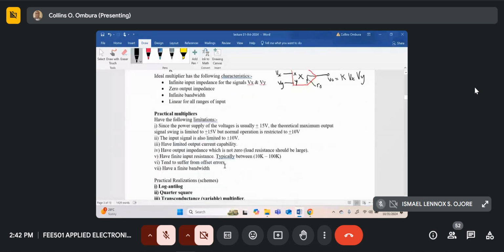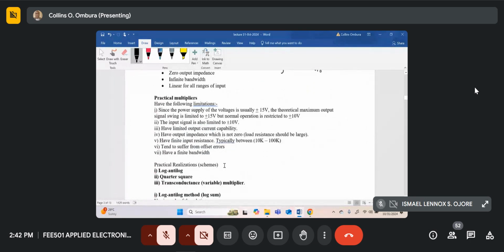Now, practical multipliers have the following limitations. Number one, since the power supply is usually plus minus 15 volts, the theoretical maximum output voltage swing is limited to plus minus 15 volts. But for normal operations, it's usually restricted to plus minus 10 volts. This one you get from the data sheet of the manufacturer of the multiplier.